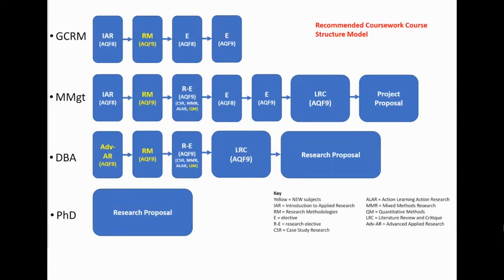The first two, the Graduate Certificate of Research Methodologies and Master of Management, are pathways into a DBA. And so this new subject, research methodologies, fits in here as a core subject across those three programs.